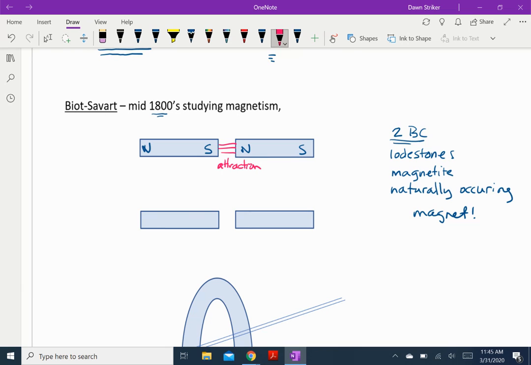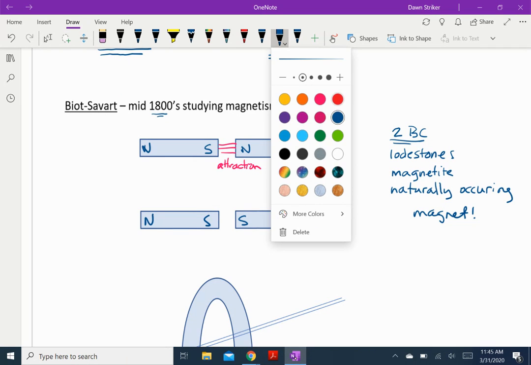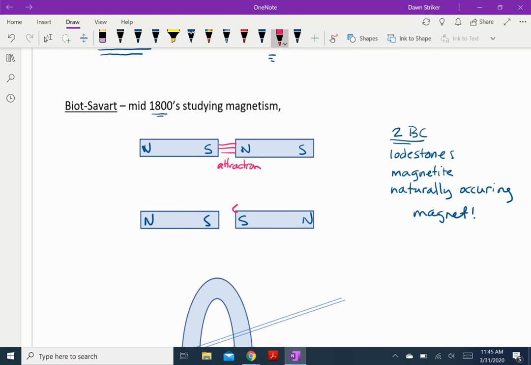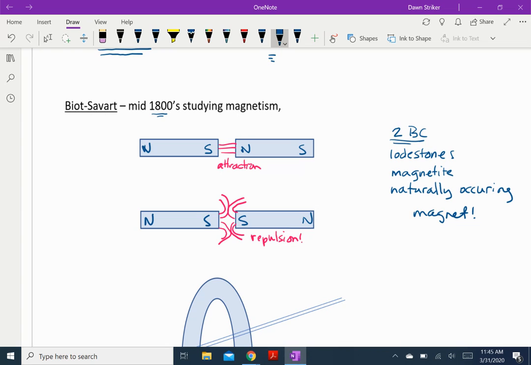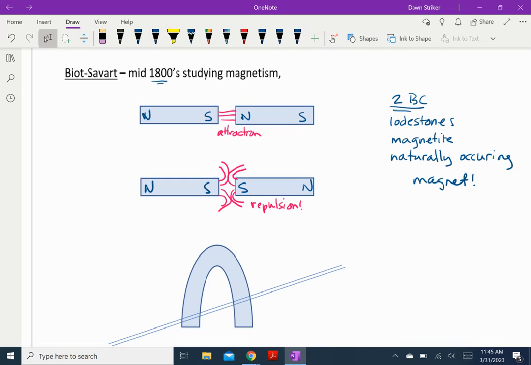On the other hand, if a South Pole came close to another South Pole, then they would describe the force as a repulsion. So these field lines are sort of pushing away from each other. Get away from me, repulsion. So attraction and repulsion was something that scientists were familiar with, certainly by the middle of the 1800s.